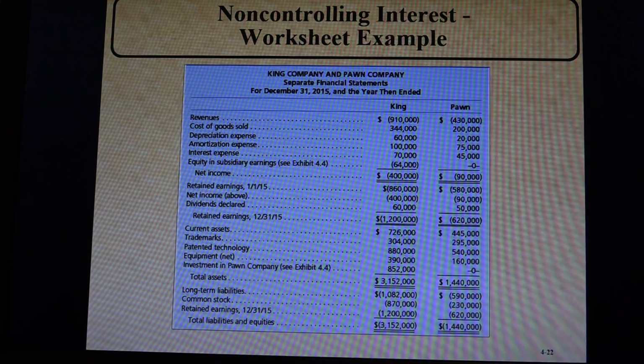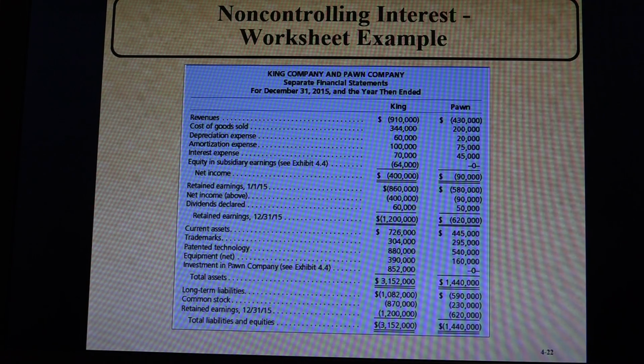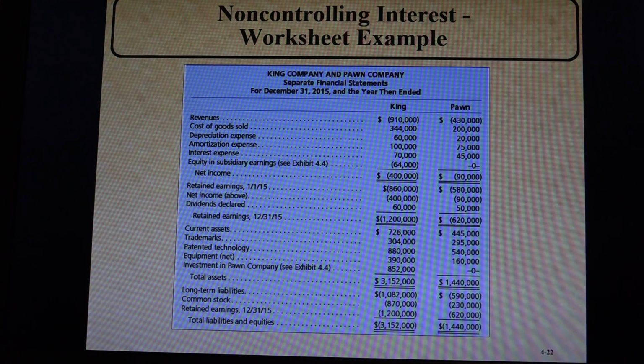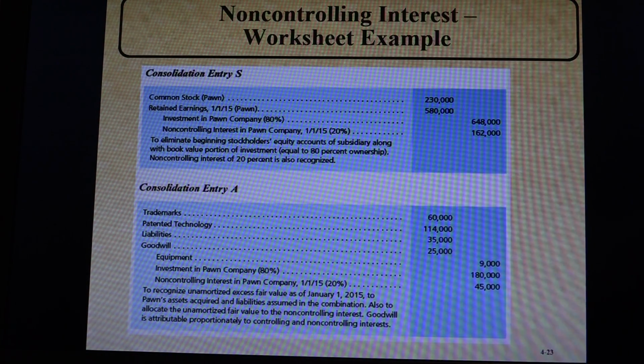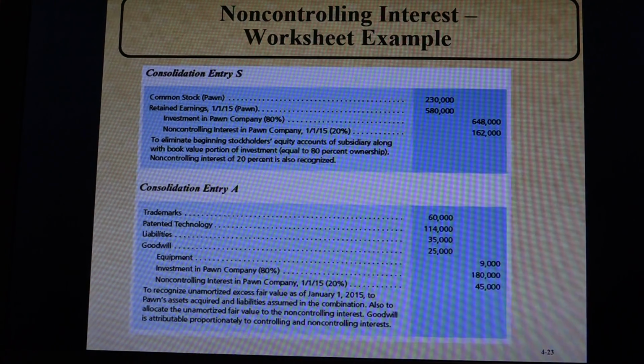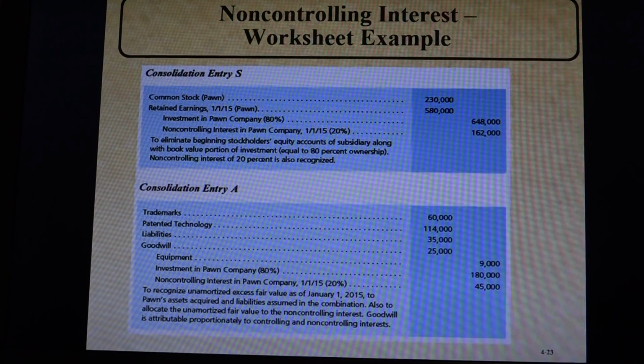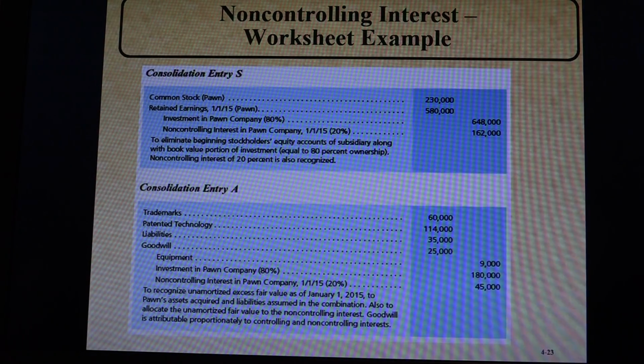And so again, the S portion, you're backing out the common stock of Pawn. Let's see if they show this. Well, they do. You're backing out the retained earnings of Pawn.